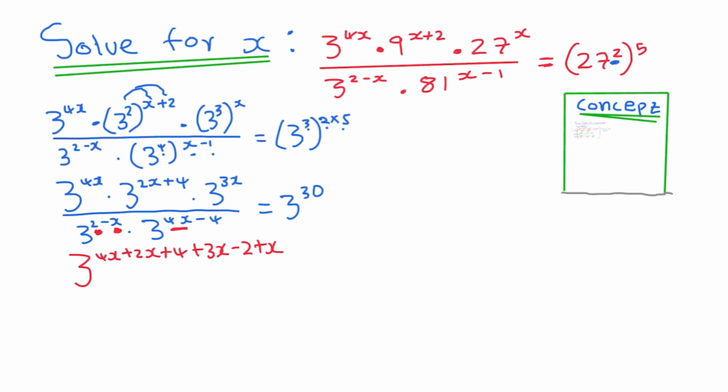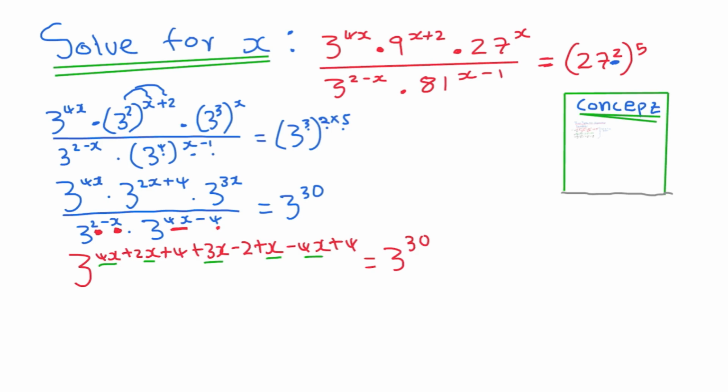And the 4x was positive, now it's going to be -4x. And then the 4 was negative, it's going to be +4. Then I'll just say equals 3 to the exponent 30. Now, the next step is just to group up the like terms. 4x and 2x and 3x and x and -4x, when I add all of them, give me 6x.